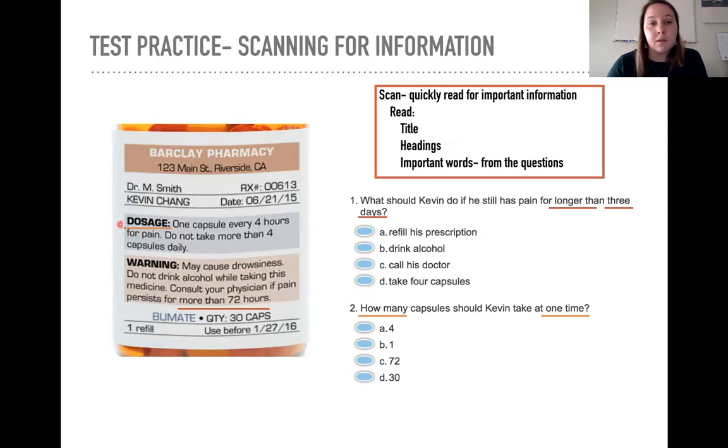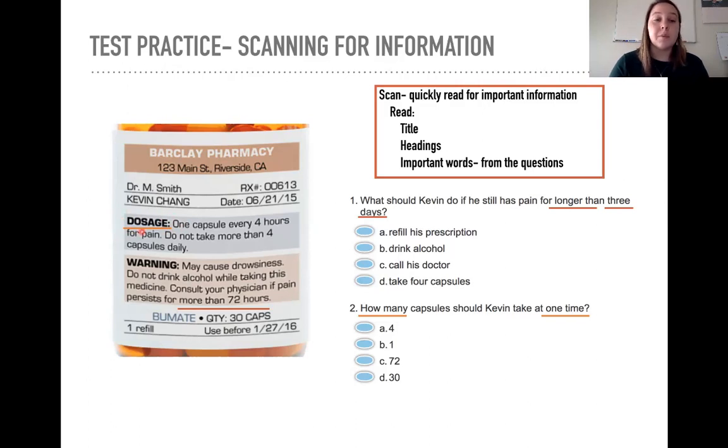This might be a new word for you. It may not be, but dosage means how much medicine you take. So you might hear your doctor say you need to take a dose of medicine, or they might explain that the dosage of this medicine goes a certain amount. So dosage or dose means the amount of medicine you take, or how many pills or how many capsules you take.